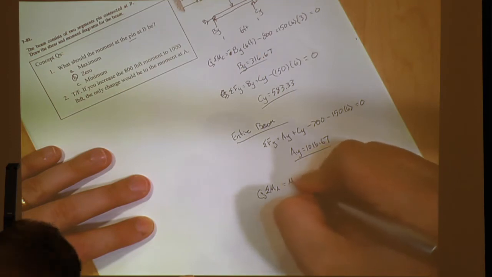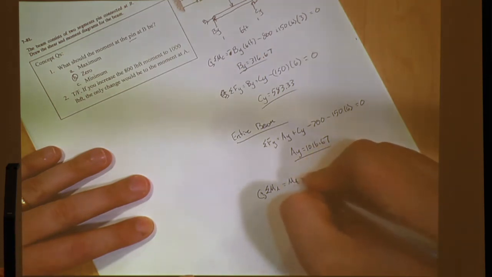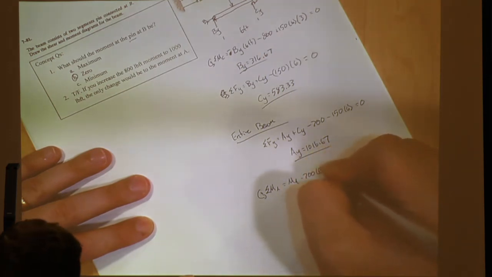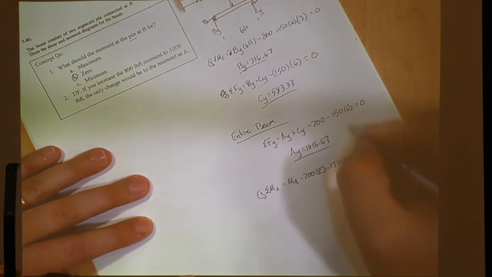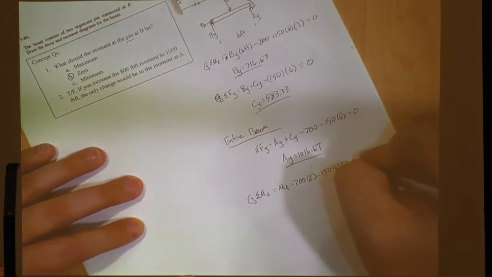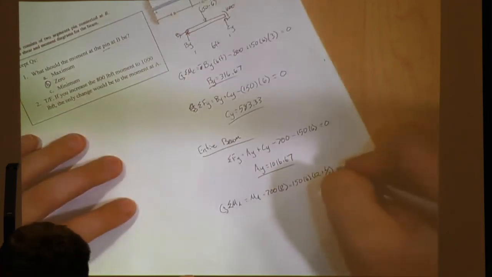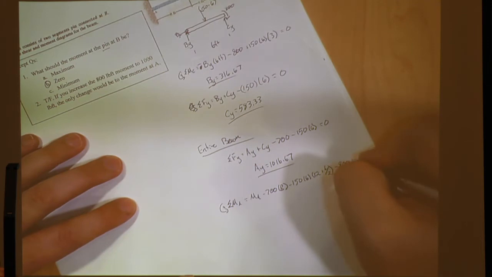It's going to equal MA minus 700 at 8, minus 150 times 6 at 12 plus 6 over 2, minus 800 plus CY at 18.